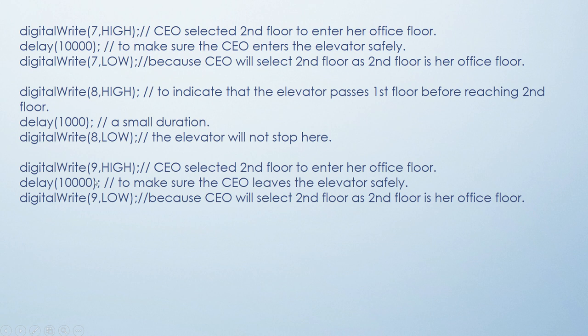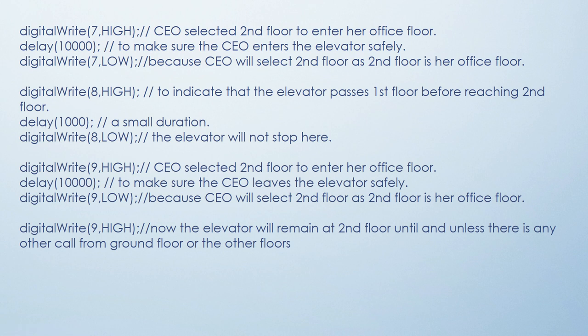During this time she will need a safe duration, which is 10 seconds again. Then after that, since the lift is not called again for our question, the lift will remain at the second floor for all the time.